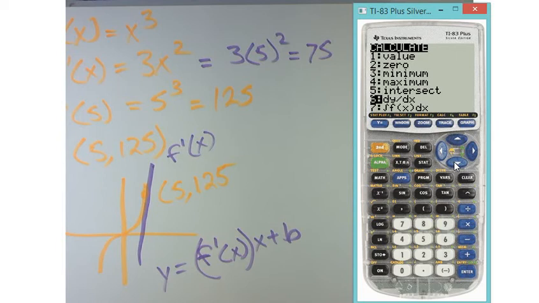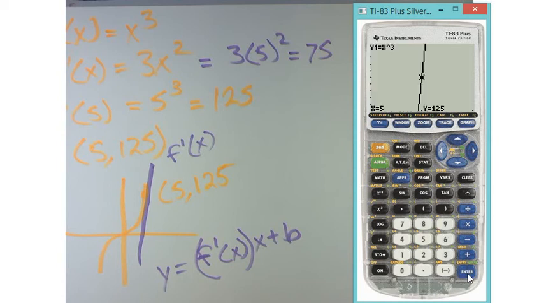dy dx. A little notation I just showed you a few minutes ago. If I want to know the slope of the line on this curve at a particular point, I can go to the calculate menu and hit dy dx. It will ask me to plug in the x value, which is 5, and then hit enter. Now the reason there's a 0.000001 is it does it algebraically by plugging in a number really, really close to 5, giving 75.